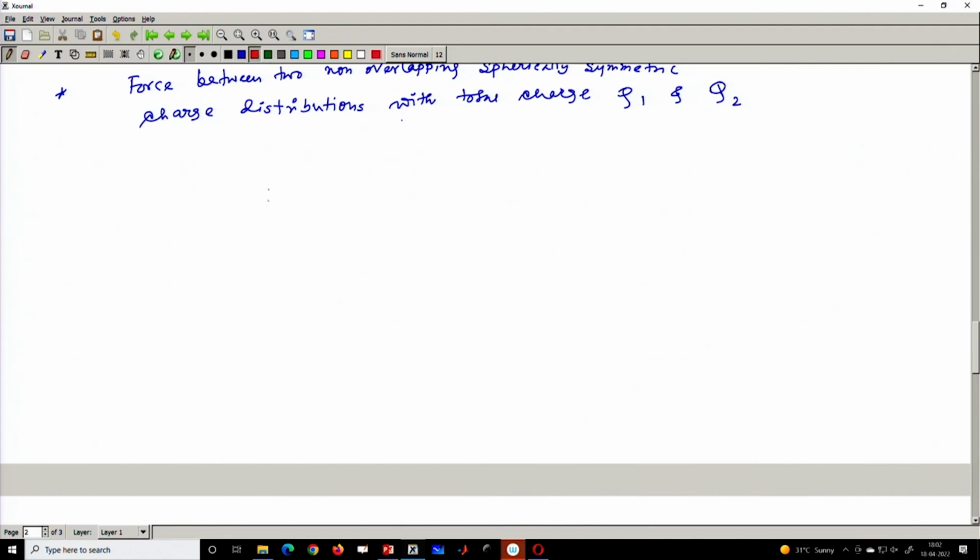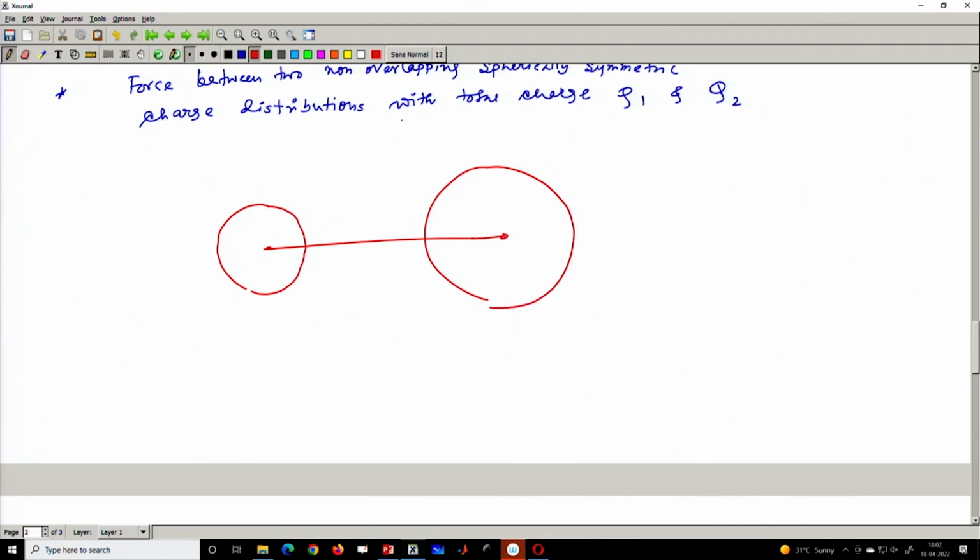So, the system is that I have two spherically symmetric charge distributions, and they are not overlapping. Obviously their radii are different. Suppose the charge distribution here is rho 1, and that is a function of r.